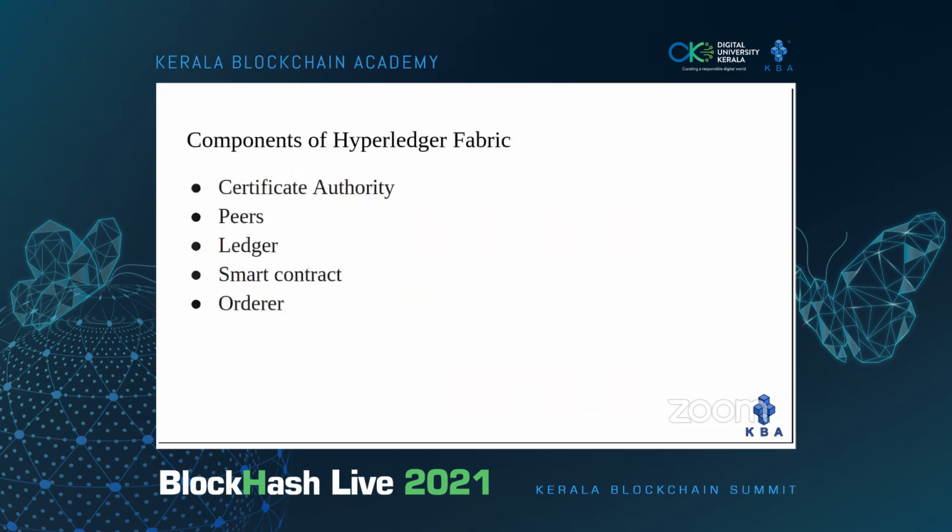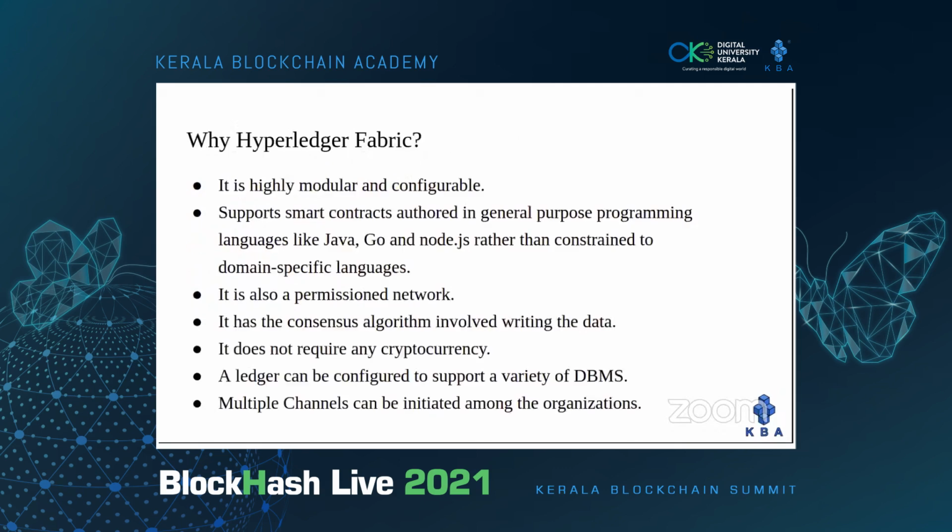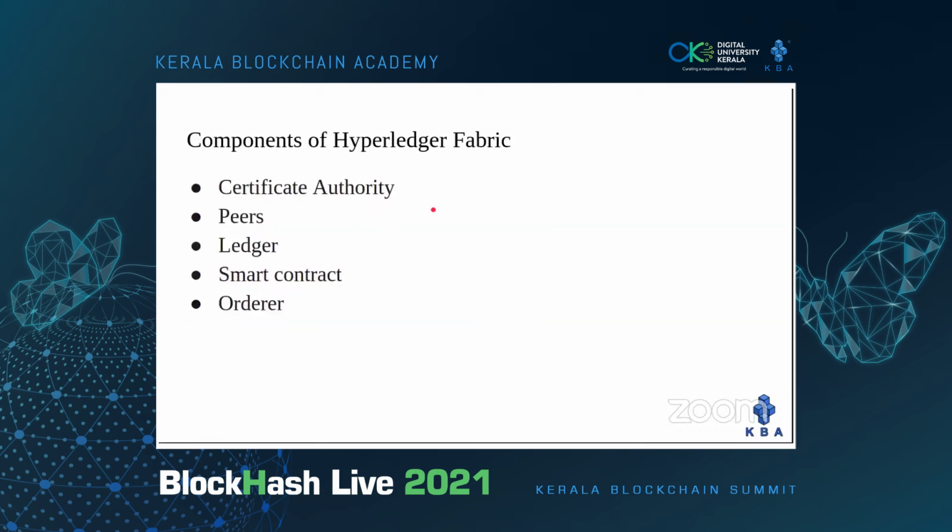And yeah, so what are the components of Hyperledger Fabric? Certificate authority is the service which maintains the permission mechanism involved. We talked about needing a permission mechanism, so we should have a service which can maintain that permission network, and that is nothing but the certificate authority.